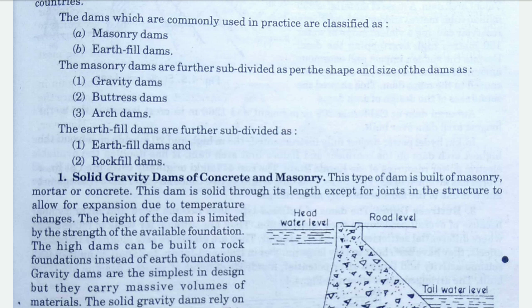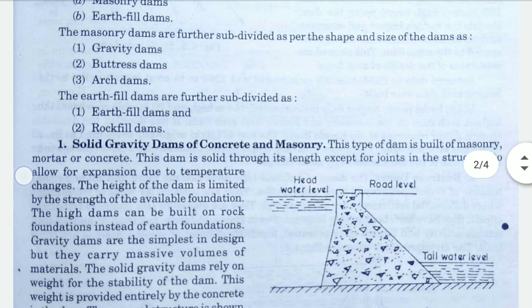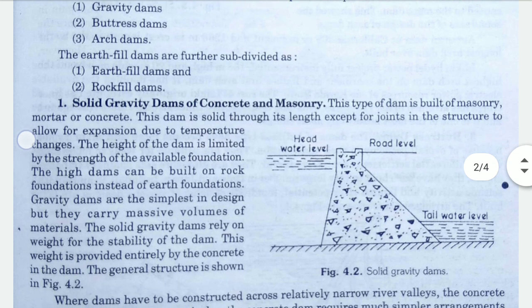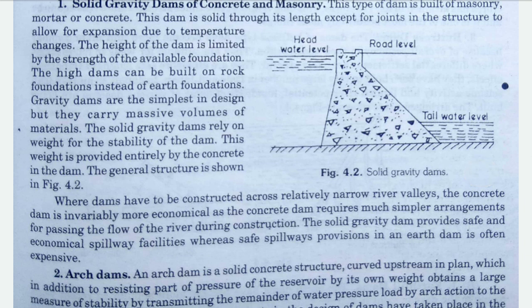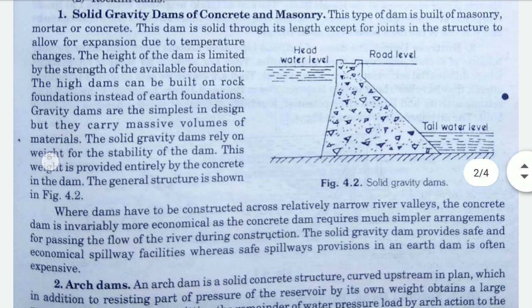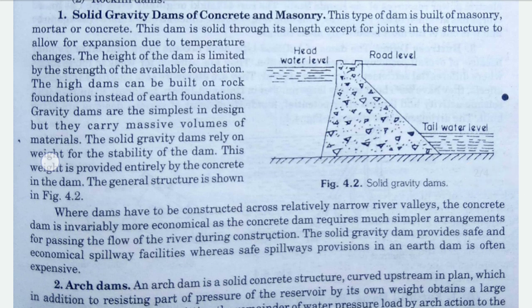First is the masonry dam type, the gravity dam or solid gravity dam, of concrete or masonry. As we can see in the figure, it is the most common dam we can see all across our areas. This type of dam is built using masonry, mortar or concrete.